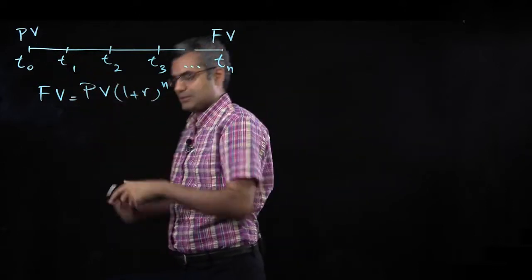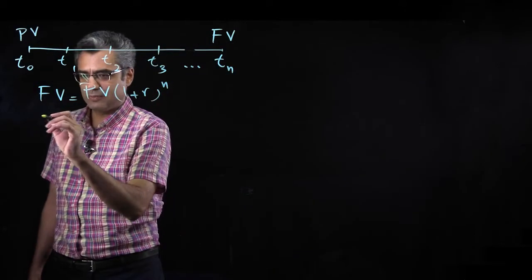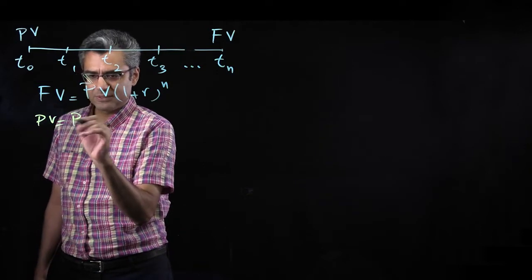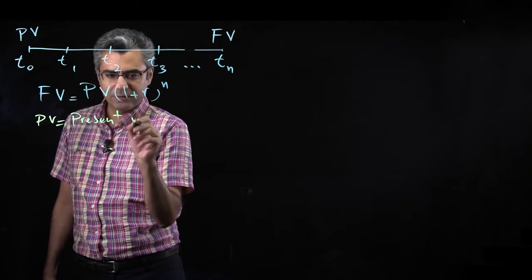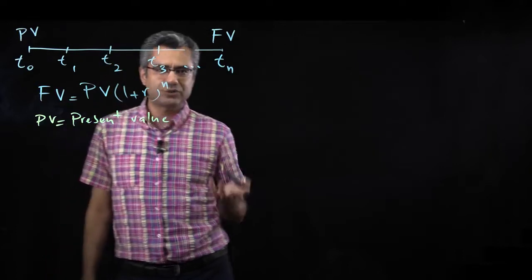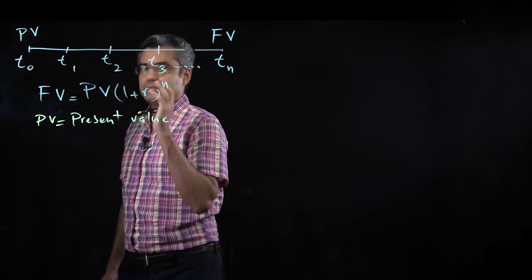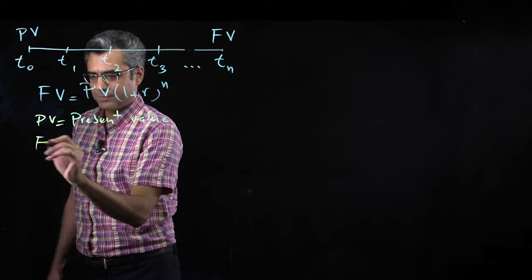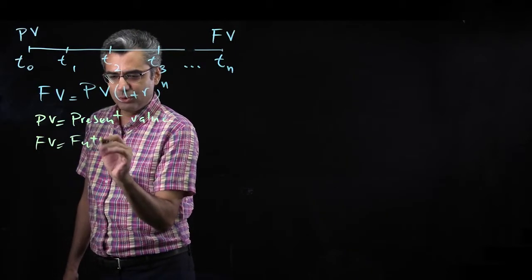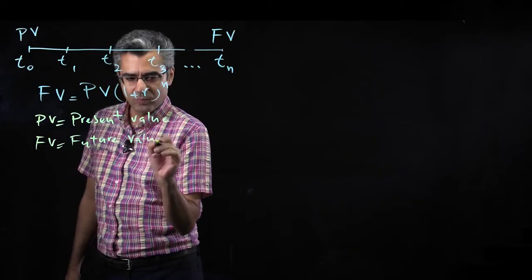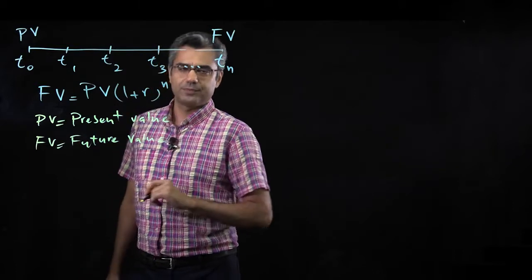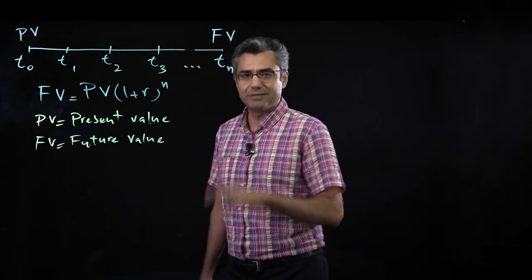So PV means present value of a cash flow. And FV means the future value of the cash flow or investment.